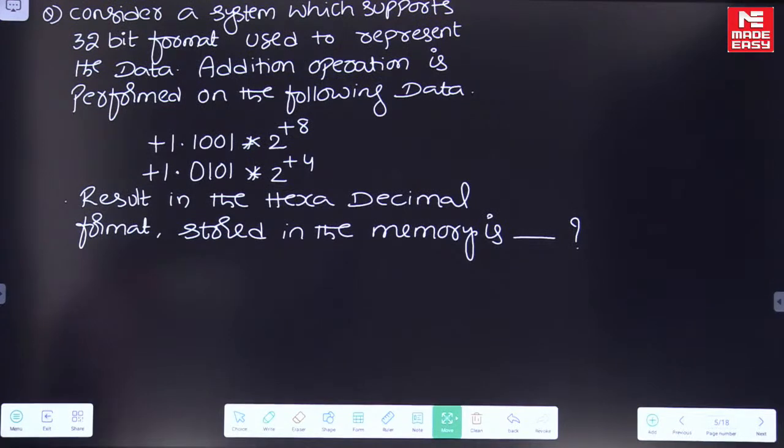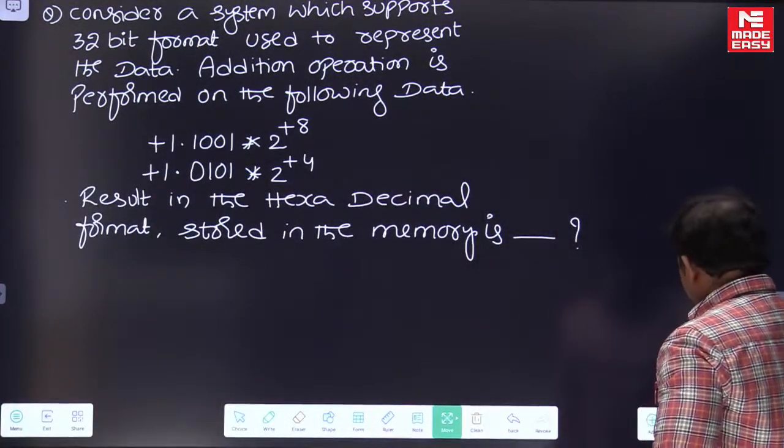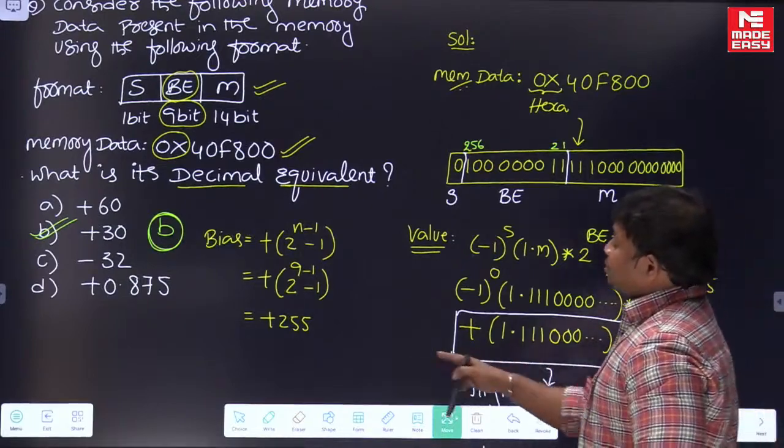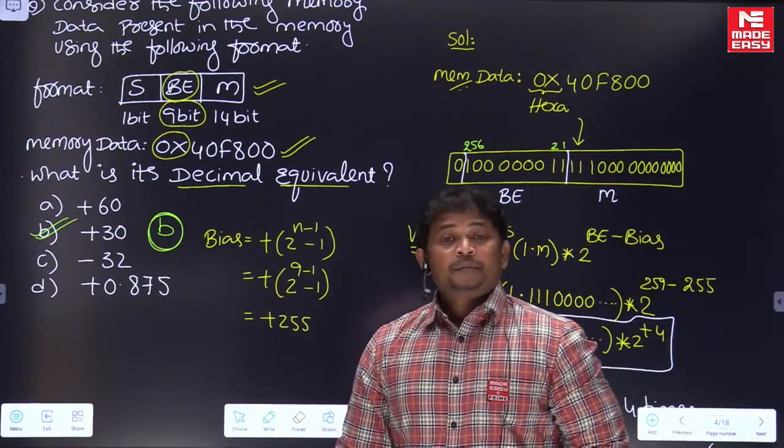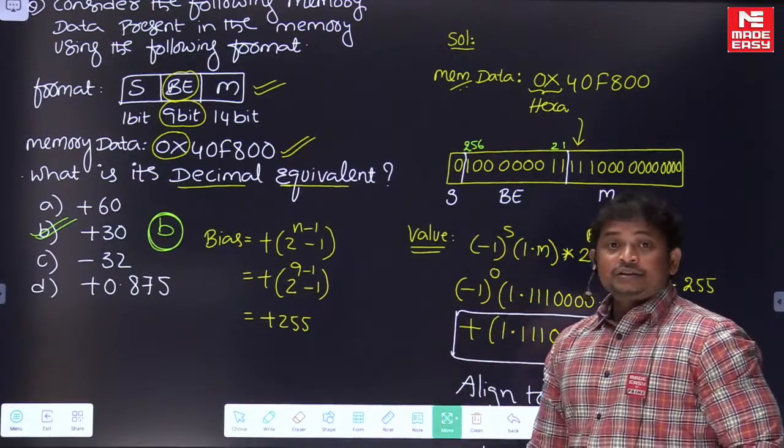Amrit, you are asking the question stating that, sir, is the bias not 256? In the previous question, Amrit, you asked that, sir, the bias is 256.